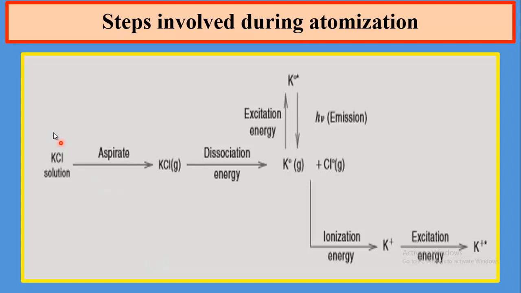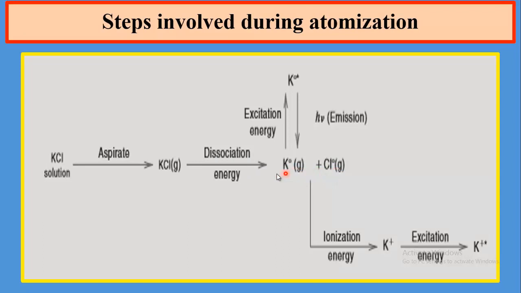This is our solution containing potassium chloride, and we want to determine potassium in a sample. First we aspirate. The aspirator changes the solution into gaseous form, so potassium chloride is present in the gaseous form. After that, dissociation takes place and it changes into potassium and chloride, both present in elemental form.